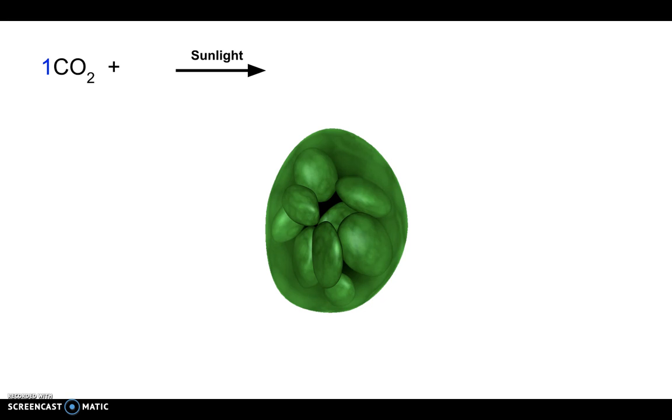For photosynthesis, you need 6 molecules of carbon dioxide and 6 molecules of water. These are the reactants of photosynthesis.